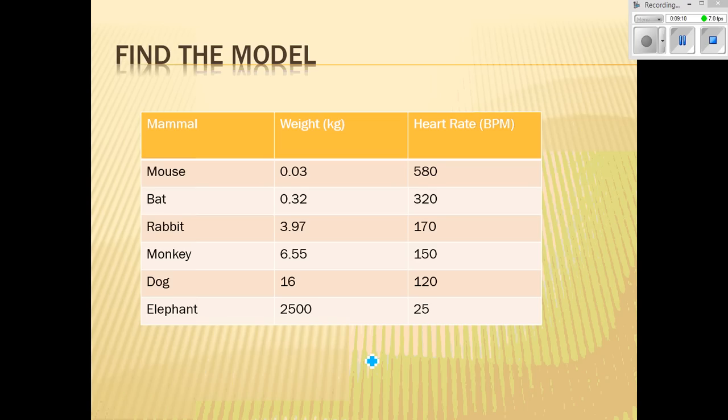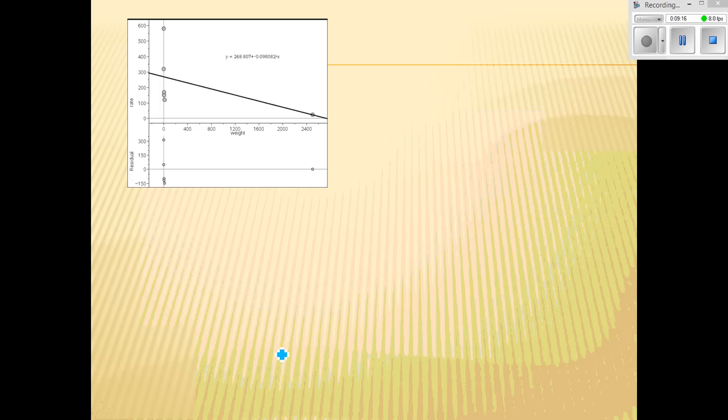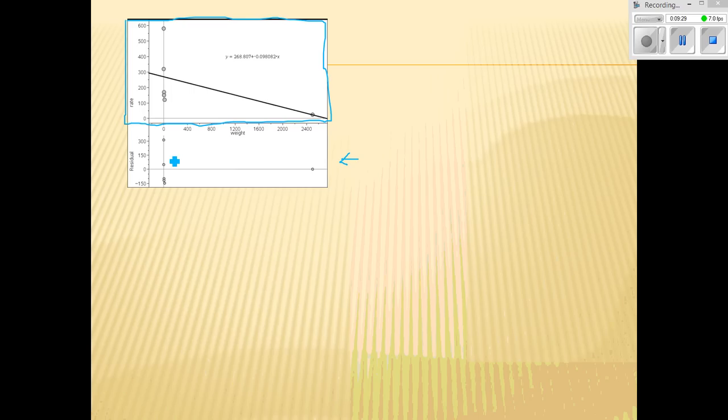If we were to take a moment and plot weight versus heart rate of these different mammals, what we're going to see is the original scatter plot here. And if I took a moment and did the residual as well, there's the scatter plot, and then here's the residual plot. We can see there's some kind of pattern here. There's something that's kind of jumping out at me.